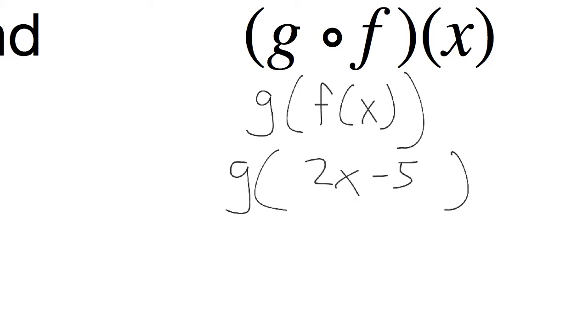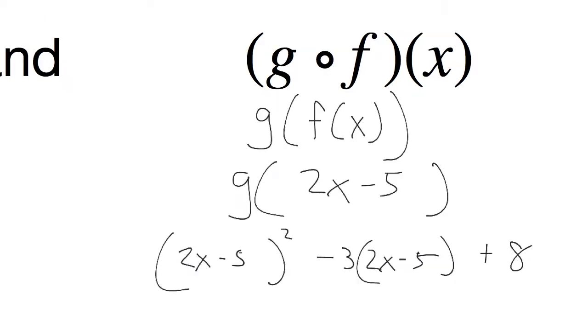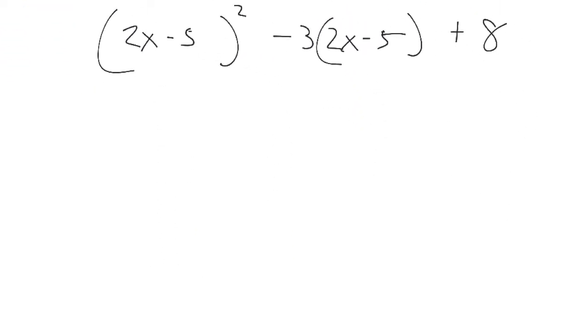Let's take that as the new input and put it into g. g, remember, is the input squared minus 3 times the input plus 8. And so then we get, of course, the input is 2x minus 5, and the input over here is, again, 2x minus 5. We've got a whole lot of foiling to do and simplifying, but we can do it.